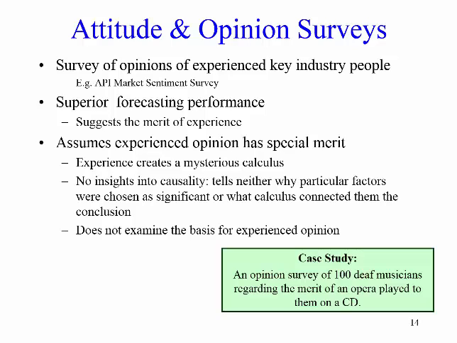This tends to suggest the advantages of experience, and it somehow assumes that experienced opinion has a special merit. However, the way that experienced opinion turns into viable forecasts remains some sort of mysterious calculus, and opinion surveys give us absolutely no insights into the causality.